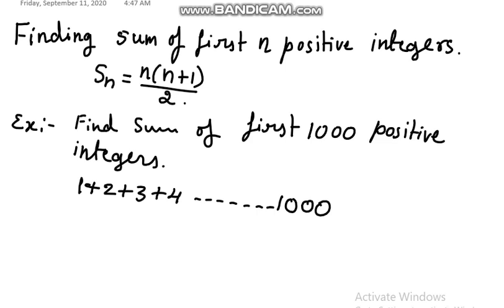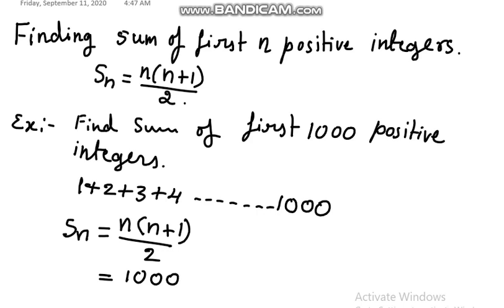Here we have to find the sum of the 1000 positive integers. For this we have to use the formula Sn is equal to n into (n plus 1) by 2. Here n is 1000. Therefore, take n as 1000.